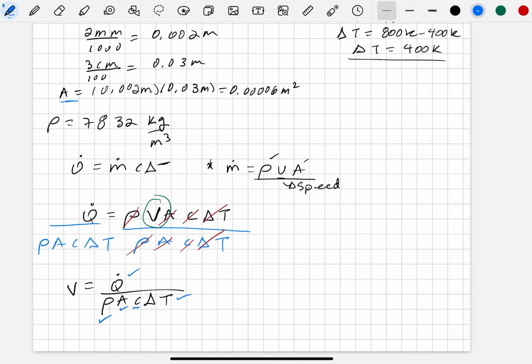Now, here's the tricky part. We tend to add the temperatures and then divide them by 2.